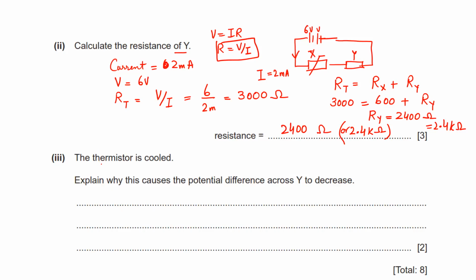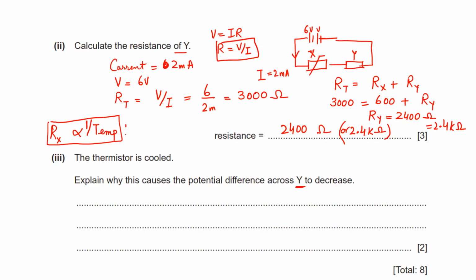Okay, so now part 3, it says thermistor. The thermistor is cooled. Explain why this causes the potential difference across Y to decrease. So remember, the resistance of a thermistor is inversely proportional to the temperature.